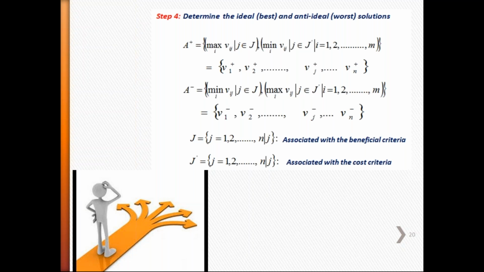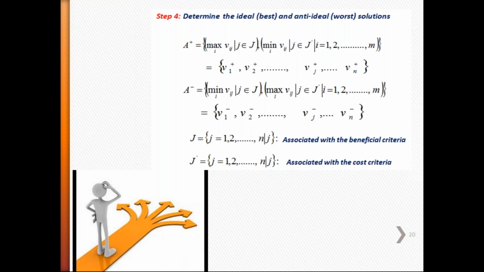So the corresponding criteria values are noted as V1 plus, V2 plus, Vj plus up to Vn plus for the ideal solution. V1 plus means the first criteria C1 value for A plus, the second criteria value for A plus is V2 plus, like that. And similarly for the anti-ideal solution, V1 minus, V2 minus, Vj minus, Vn minus. So the available alternatives A1, A2, A3 up to Am are known, and their weighted normalized criteria values are known.